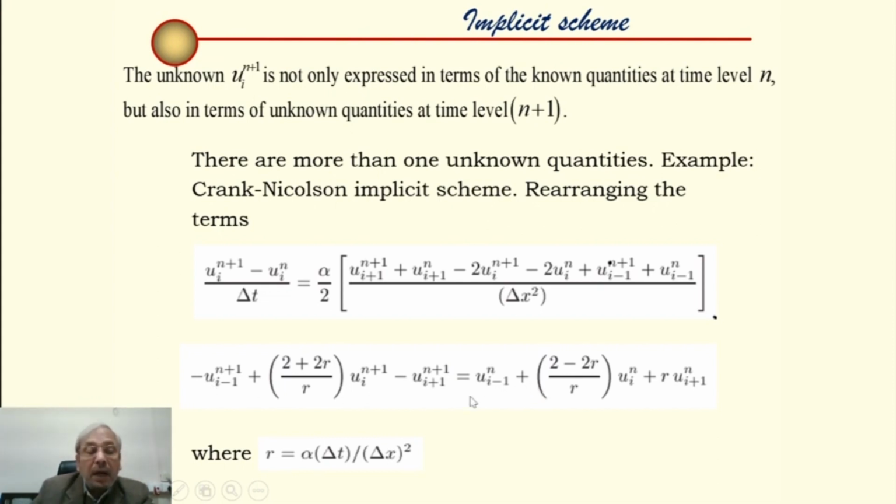That means ui minus 1 n plus 1, plus 2 plus 2r by r, where r is a quantity given by alpha delta t by delta x square, so 2 plus 2r by r, ui at the n plus 1th level, minus ui plus 1 at the n plus 1th level.